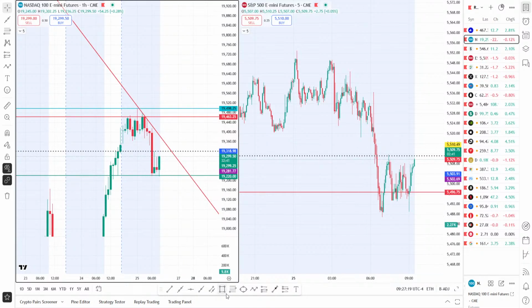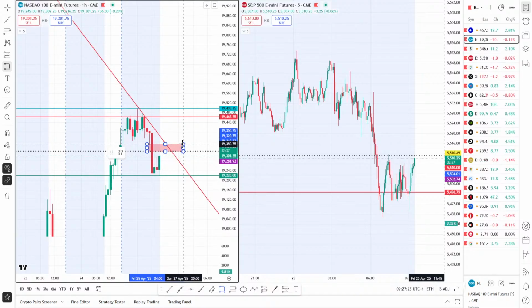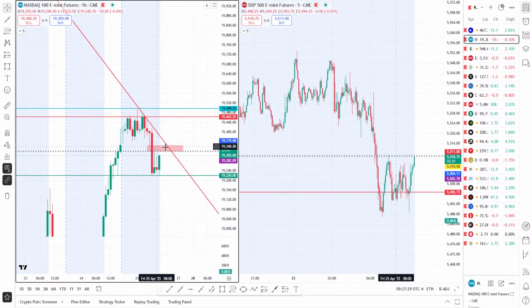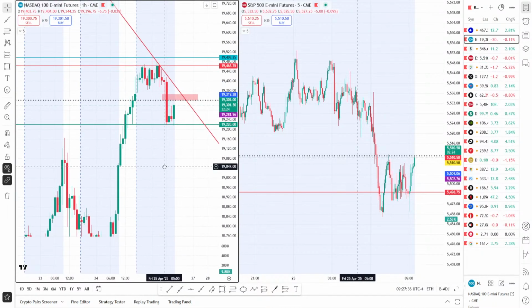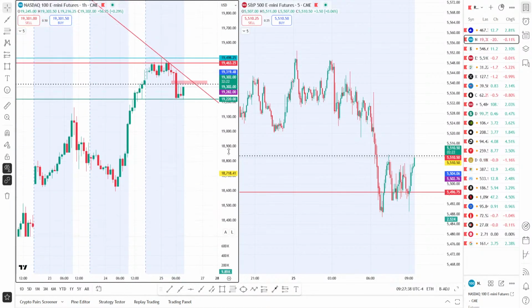Okay, there we go. We got a fair value gap here above yesterday's close. So we might see some sellers step in here as well. And expecting buyers to want to buy the dip.